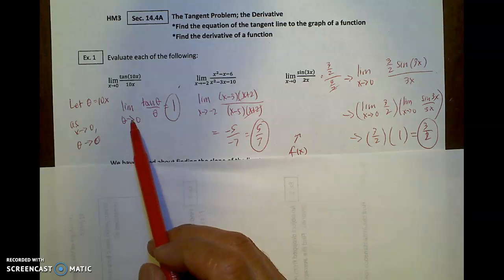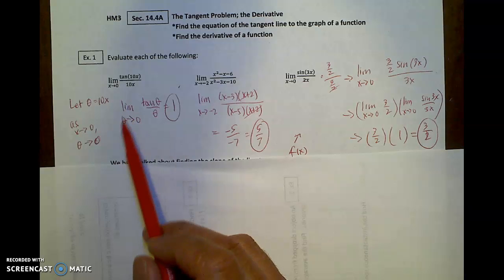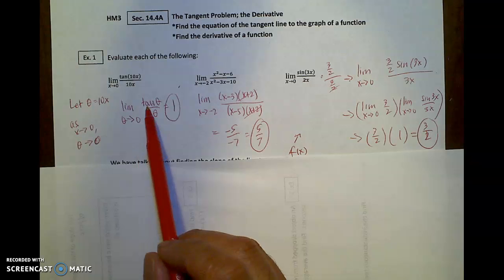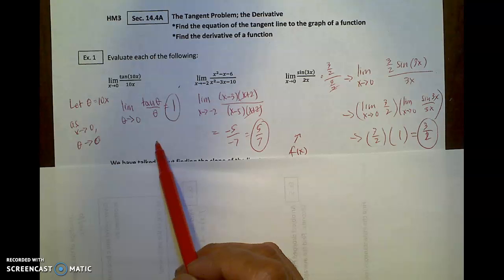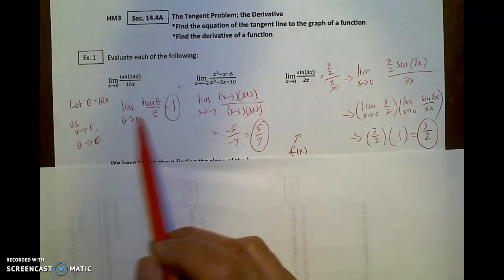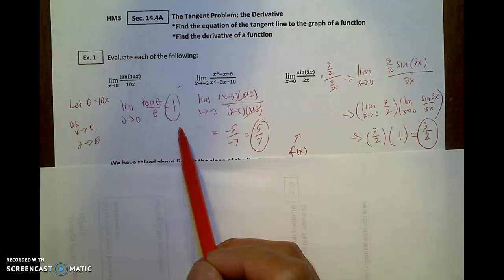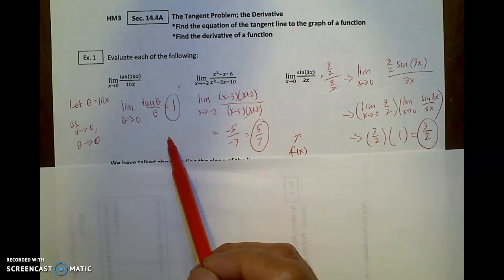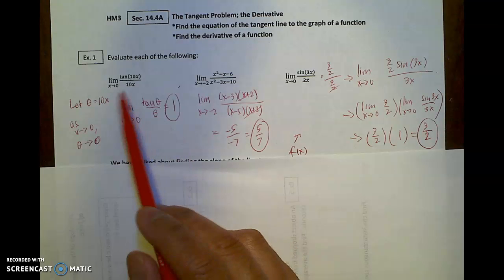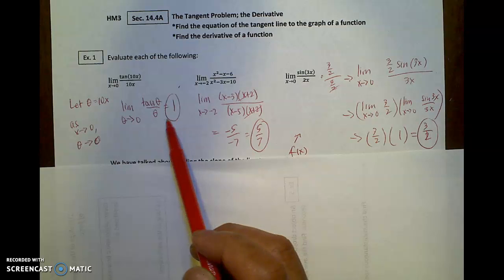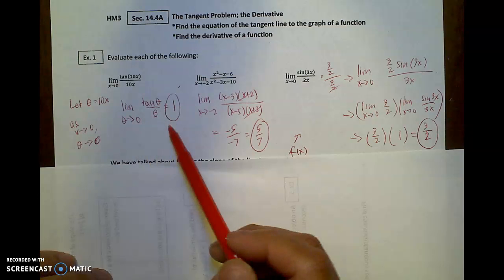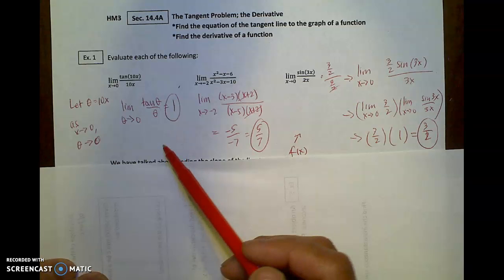Now we're looking at the limit as theta approaches 0 of tangent theta over theta, which we talked about in a previous lesson is equal to 1. So we want to rewrite it in such a way that we understand without having to reinvent the wheel.